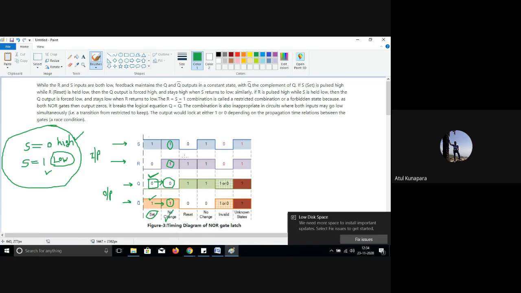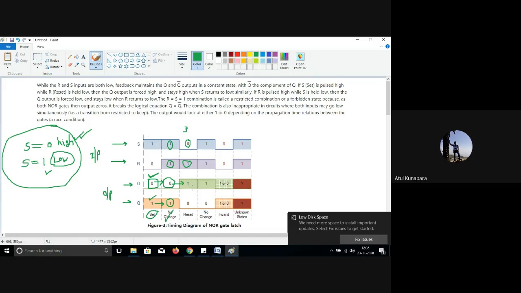After that, in the third cycle, we have given S equal to 0, that means logic high, and R equal to 1, that means logic low. So it is going to set the output. Your output was 0, so it will be made 1, right?